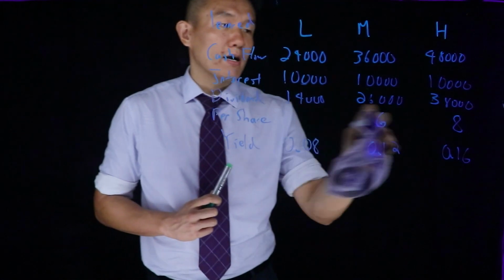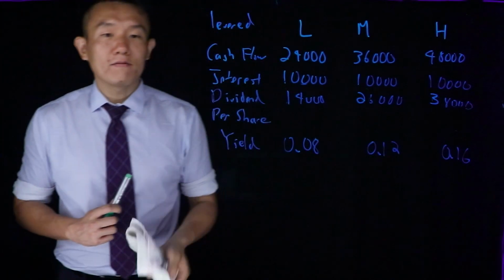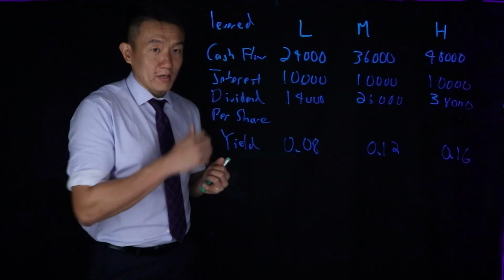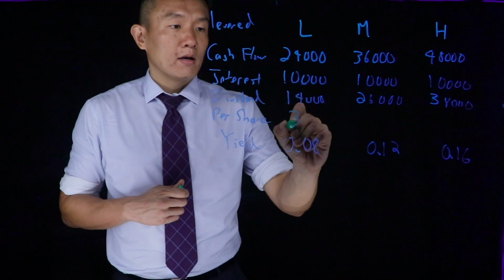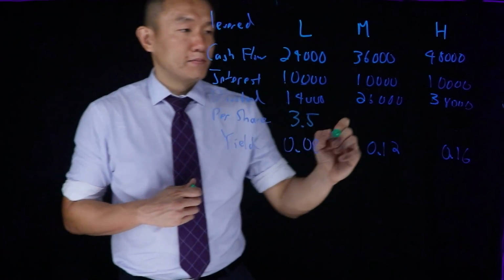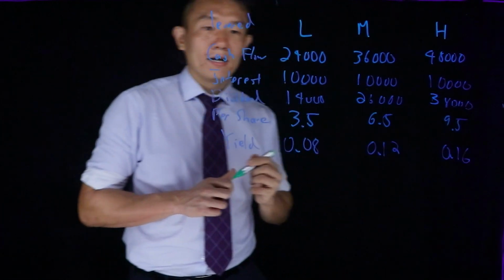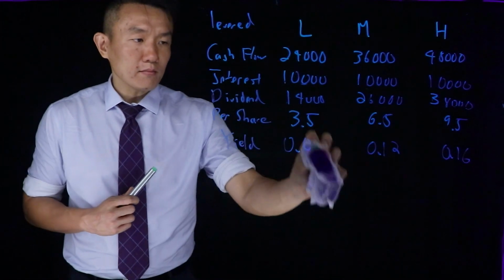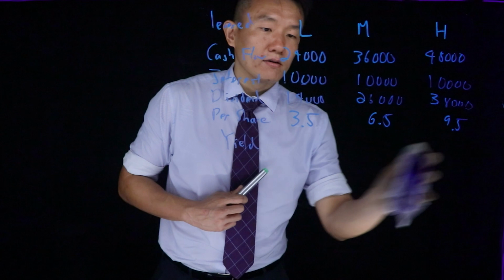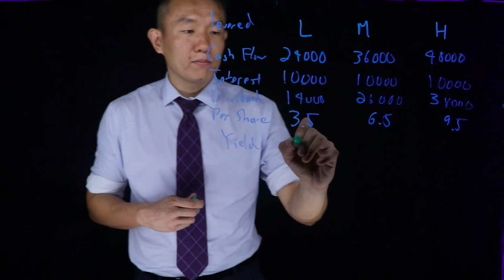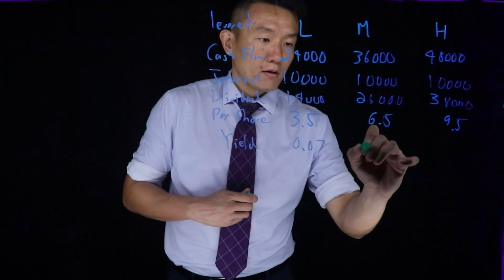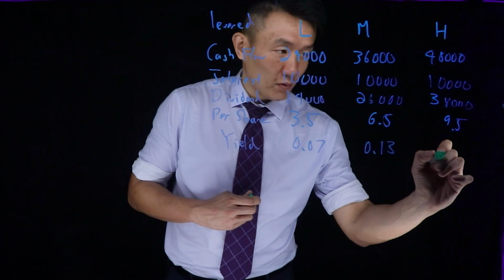And per share, remember that the levered firm in this case only has 4,000 shares. It's either going to be 3.5, 6.5, or 9.5. And so the dividend yield in this case would either be 7%, 13%, or 19%.